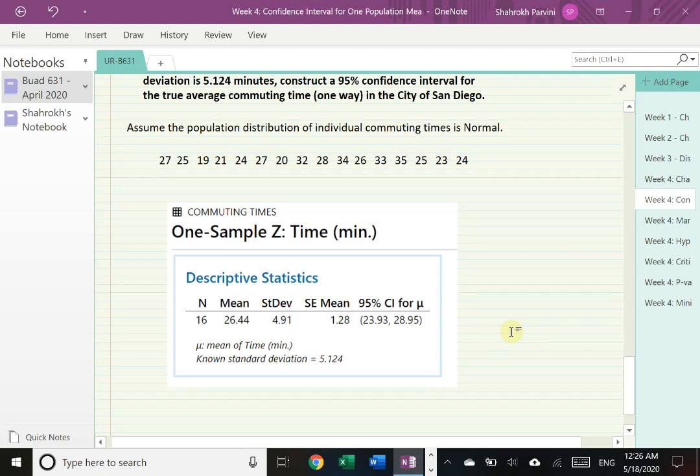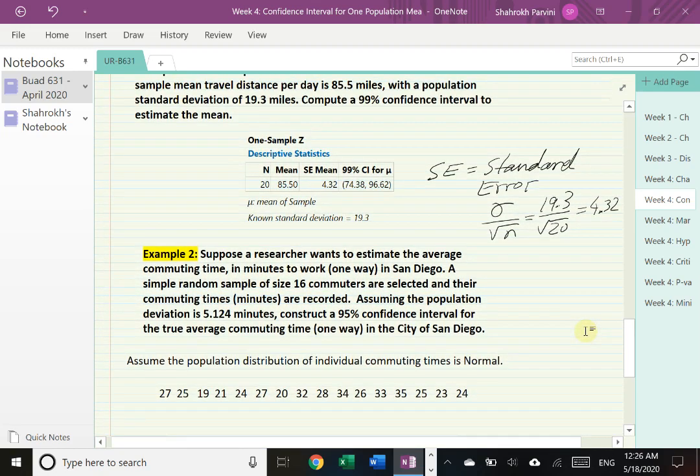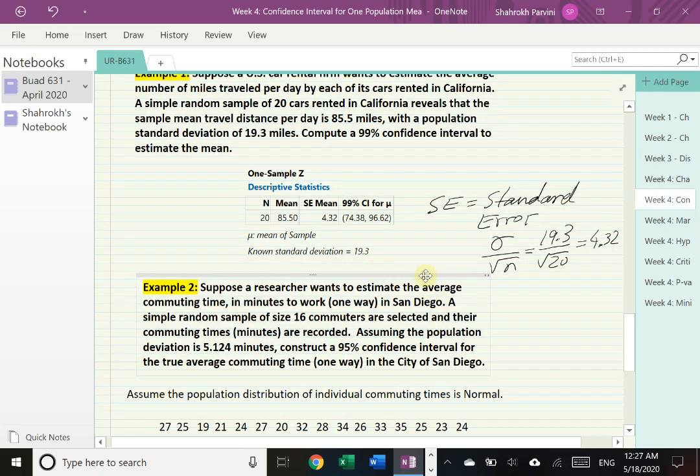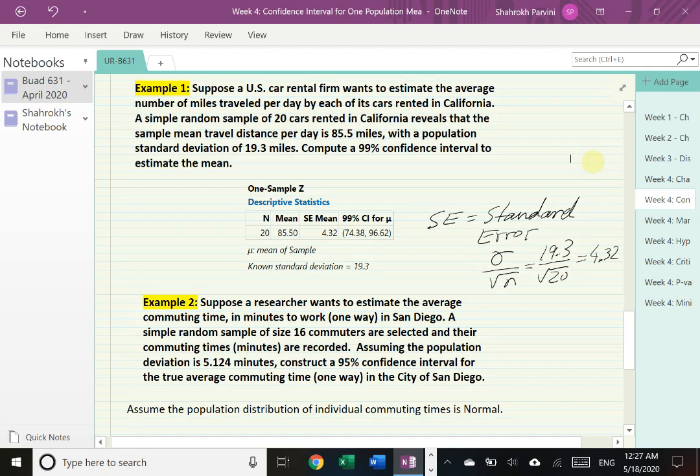So according to Minitab, the confidence interval this time is from 24 to 29, almost 30 minutes one way. Now the reason I have the second example is because we're going to run this procedure two different ways. The key difference between example 1 and example 2, other than the word problems being different, is that in example 1 we actually do not have the data.